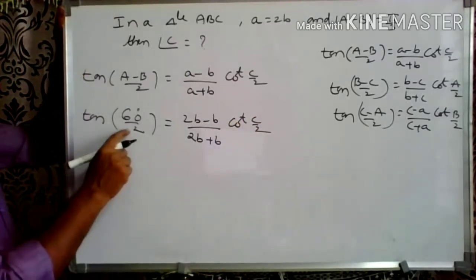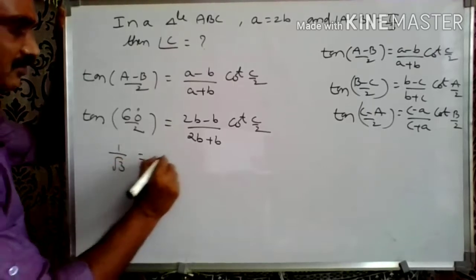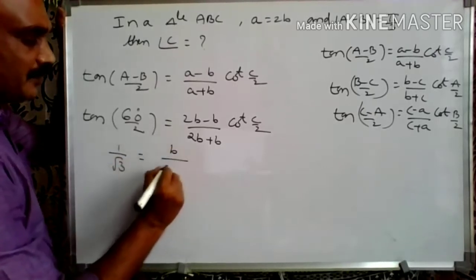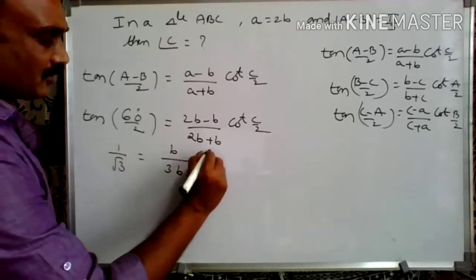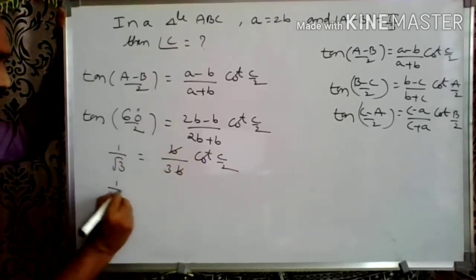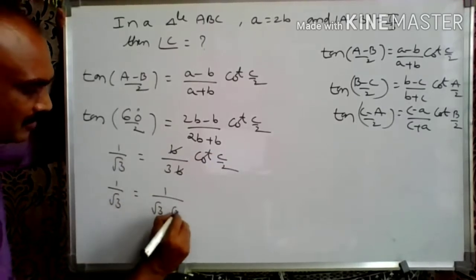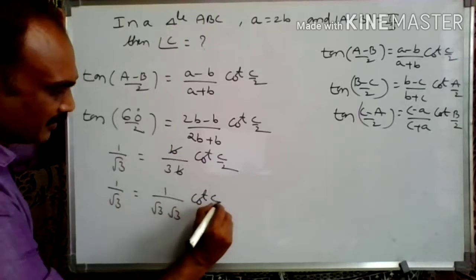So tan 60 by 2 is tan 30 degrees, whose value is 1 by root 3, equal to (2B minus B) by 3B into cot C by 2. So here B gets cancelled. 1 by root 3 is equal to 1 by 3 into cot C by 2.